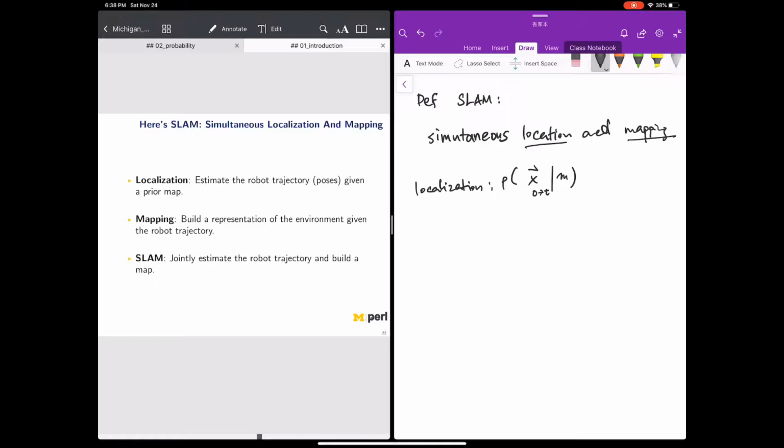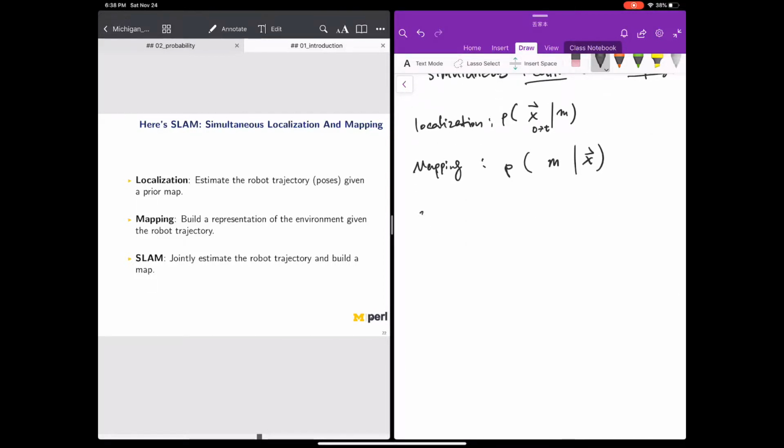And for mapping, what is mapping? It means if I know my trajectory, I know exactly where I am, and based on the observation, can I deduce the map. And SLAM means we want to do the two things at the same time, because imagine that you have street view vehicles and you basically have no idea what the map should look like.